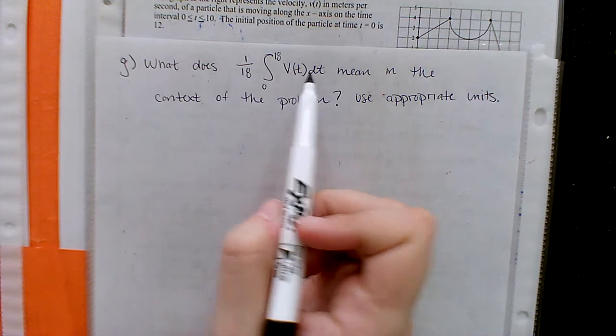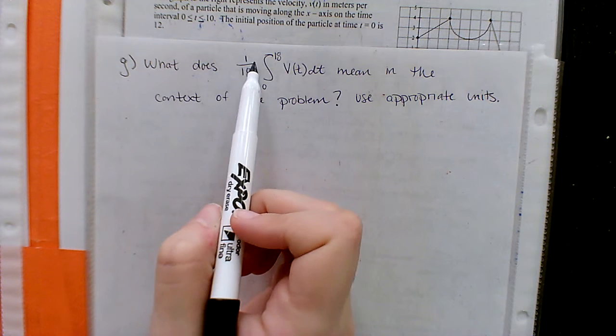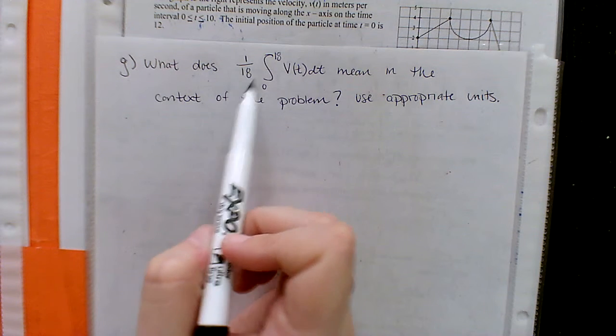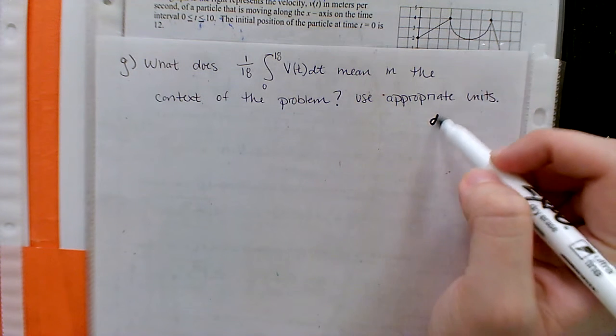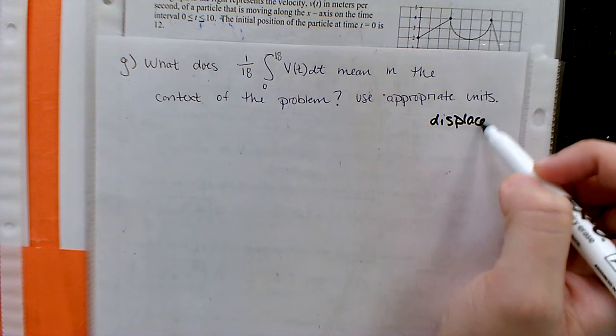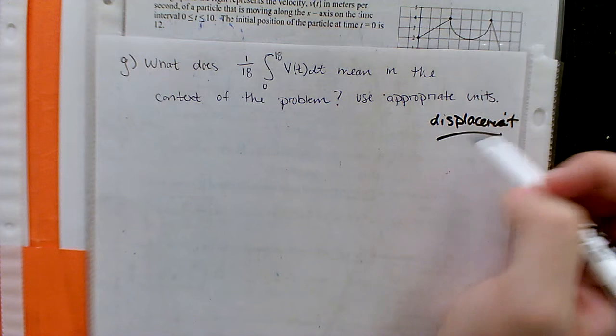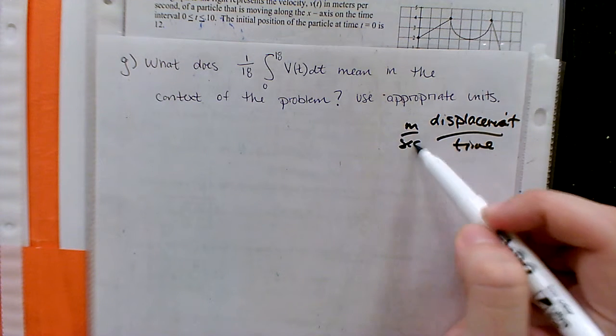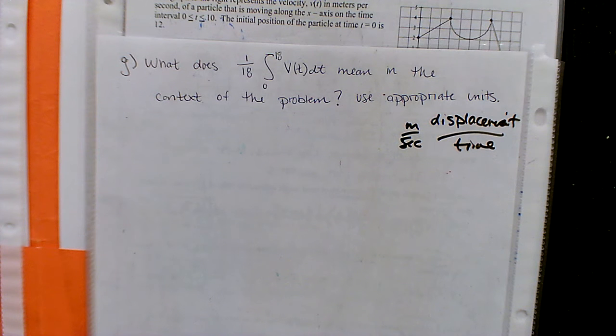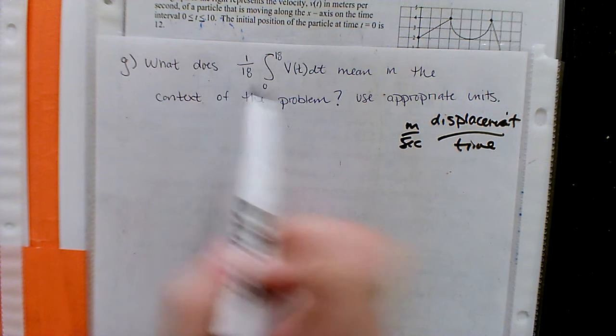But if we take displacement and divide it by time, remember this was 0 seconds to 18 seconds, you're getting some displacement unit over a time unit, like meters per second. Does that make sense? Displacement over some type of time.